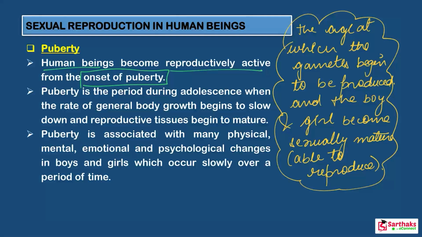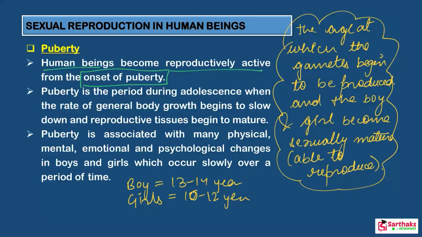It starts earlier in females than in males; in males it is a little later. Boys attain puberty at the age of 13 to 14 years, while girls attain puberty at the age of 10 to 12 years.